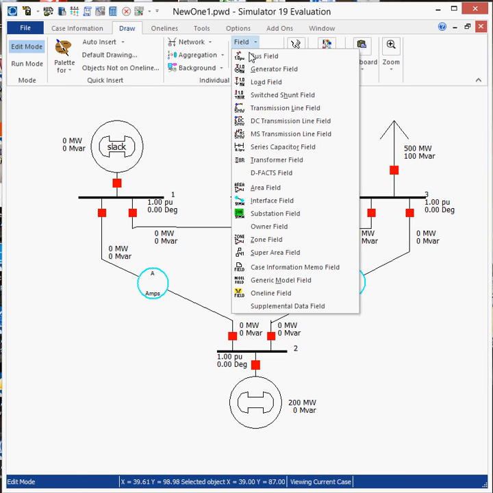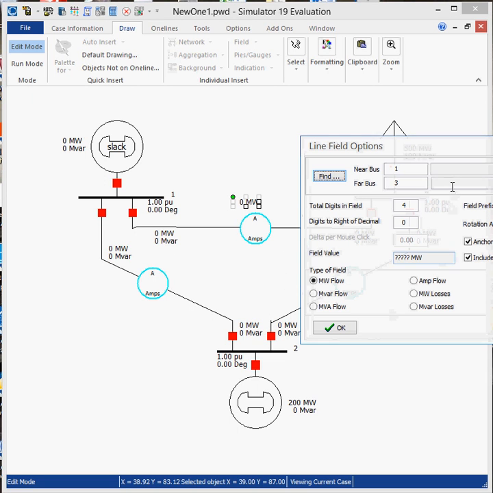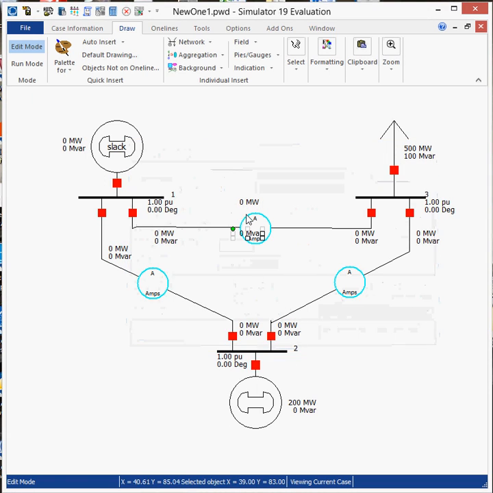Okay, and mvar losses. So you can actually calculate the losses by subtracting these two values.